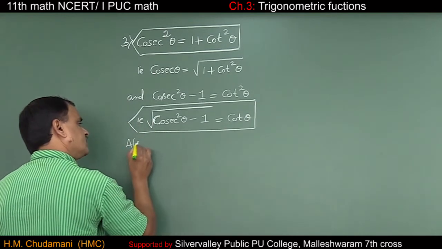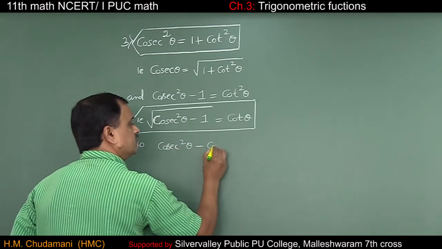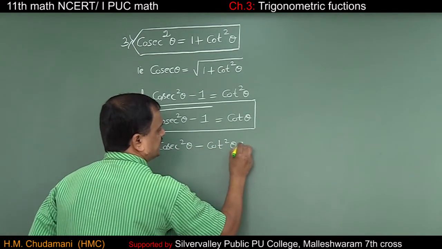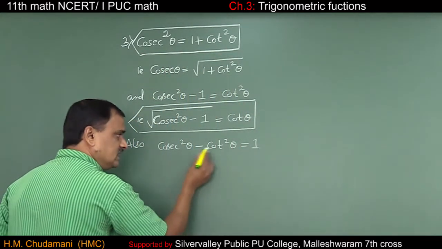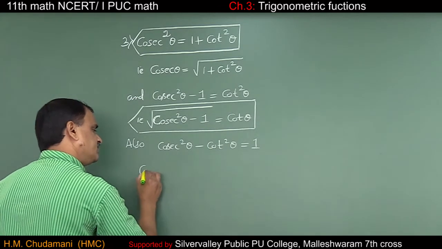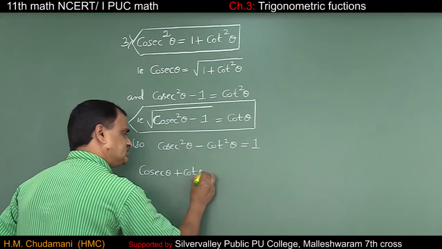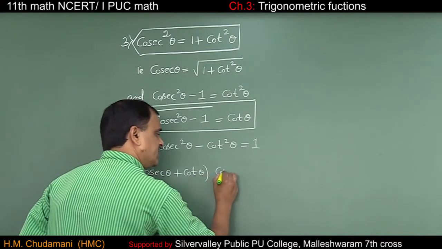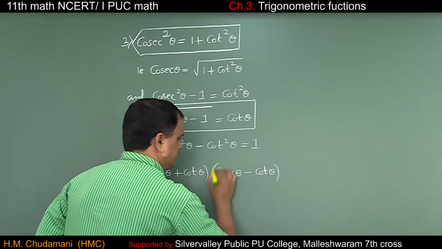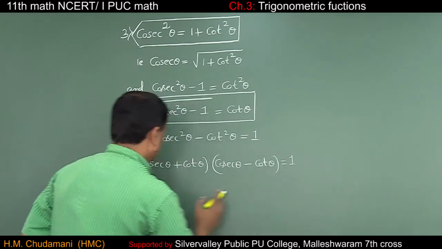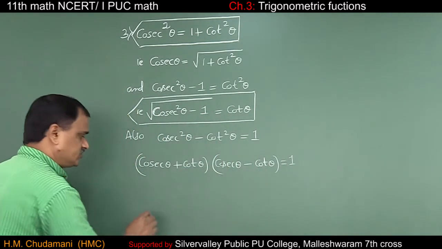Also, cosecant square theta minus cot square theta is equal to 1. I just shift cot square to the LHS, which is of the form a square minus b square. We can write this as a plus b into a minus b, that is nothing but cosecant theta plus cot theta into cosecant theta minus cot theta.